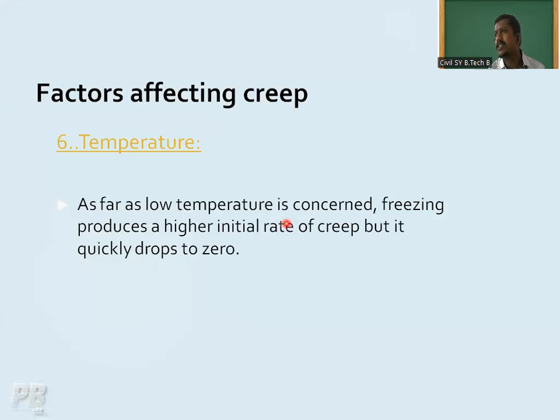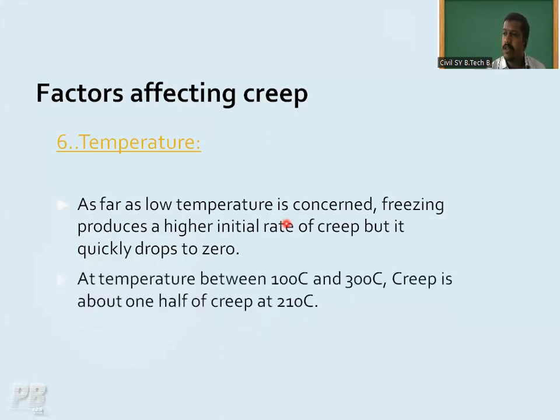Next factor, temperature. How does it affect the creep? As far as low temperature is concerned, freezing produces a higher initial rate of creep, but it quickly drops to zero. While if the temperature is in between, it is not 300, I think it's maybe a typing mistake. If it is in between 10 to 30 degrees centigrade, creep is about one half of the creep at 21 degrees centigrade.